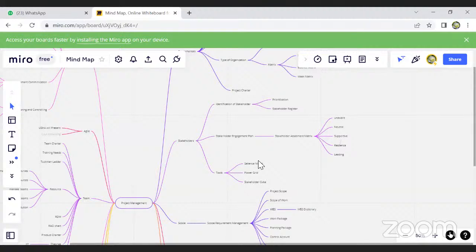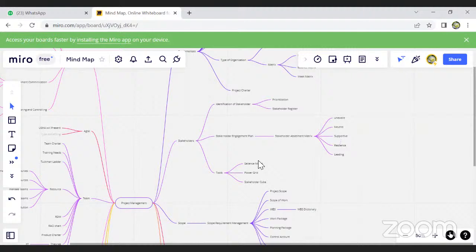Once the project charter is defined, the next step is to identify the stakeholders. The first part of the stakeholder process is identification. We have to identify the stakeholders, then define whether they are internal or external.